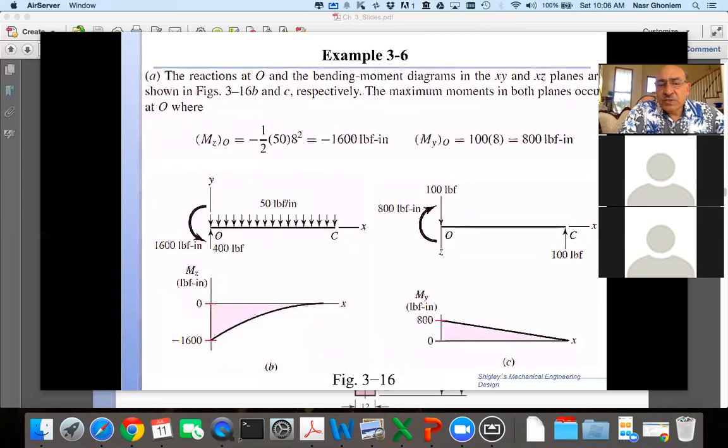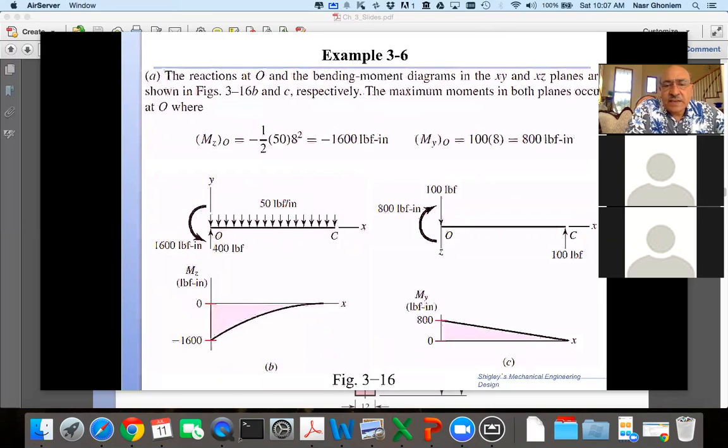So for a uniform load, the first integration gives you a linear function, the second integration gives you a parabola, and the maximum is 1/2 times the intensity of the load times the length squared. So it gives us a maximum of minus 1600 on one end.